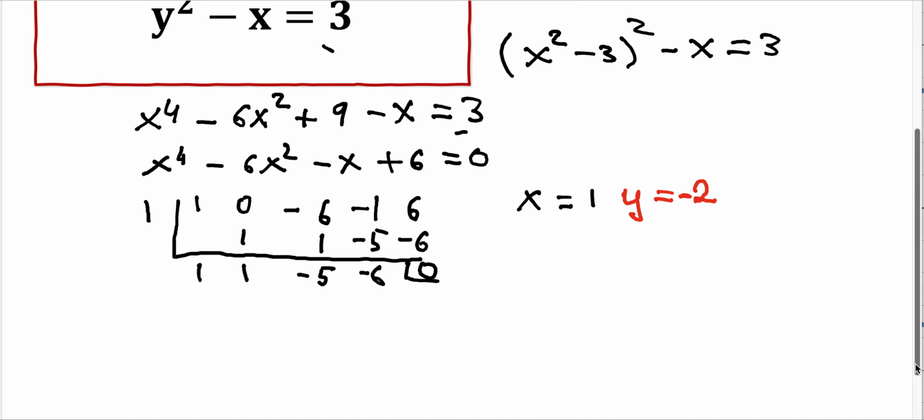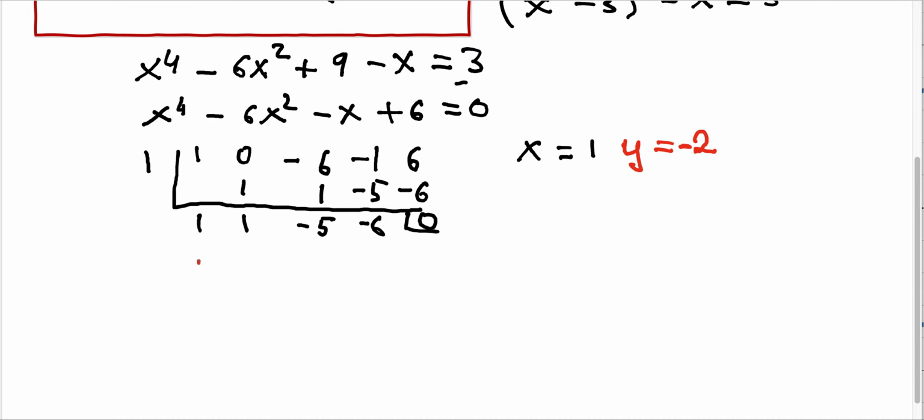We already see now we have here x cubed plus x squared minus 5x minus 6 is equal to 0. And now we are solving this one here, and we are looking to apply the factor theorem or remainder theorem. We are going to see that x is going to be minus 2 in this case.